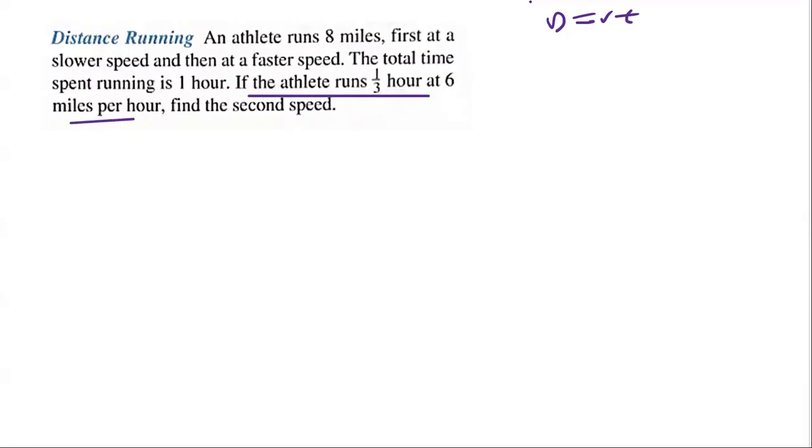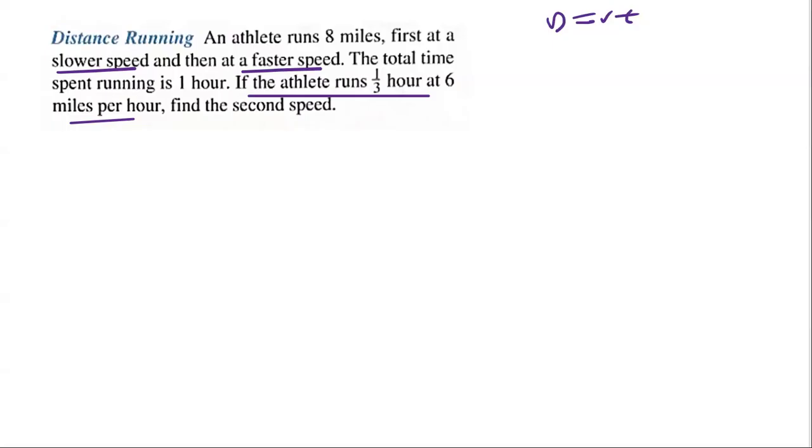Because there's two phases here. It says first at a slower speed and then at a faster speed. So the slower speed is runs 1/3 hour at 6 miles per hour. Okay. So in this case, we need to compare the two, right?